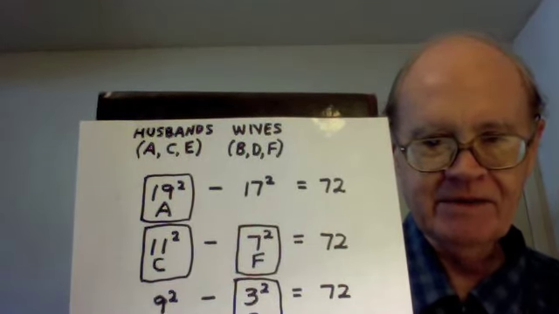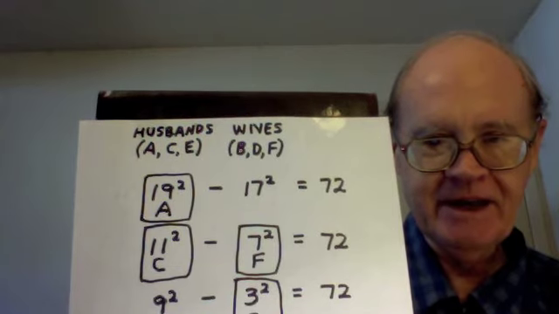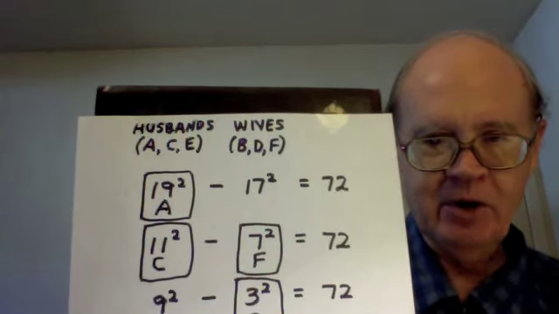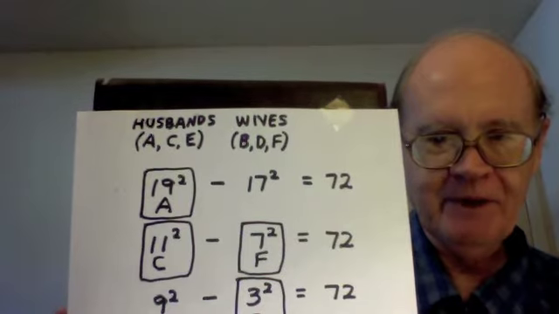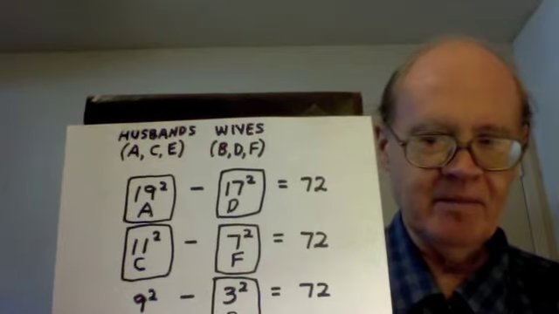That leaves D and E. D is Dorothy, she's a wife. That must be the 17. And Ed must be the 9.